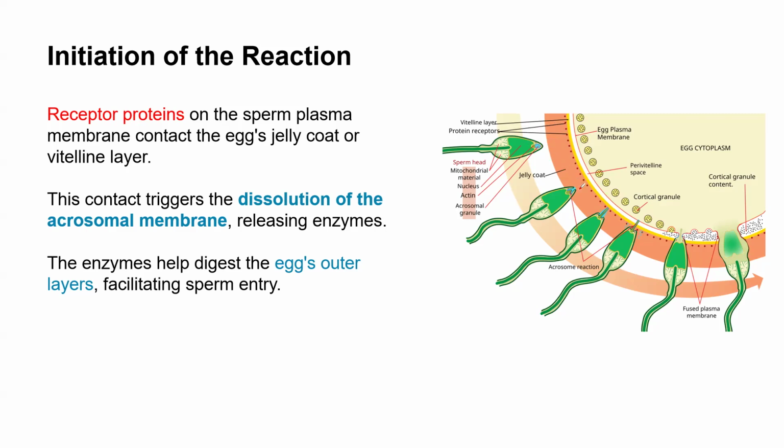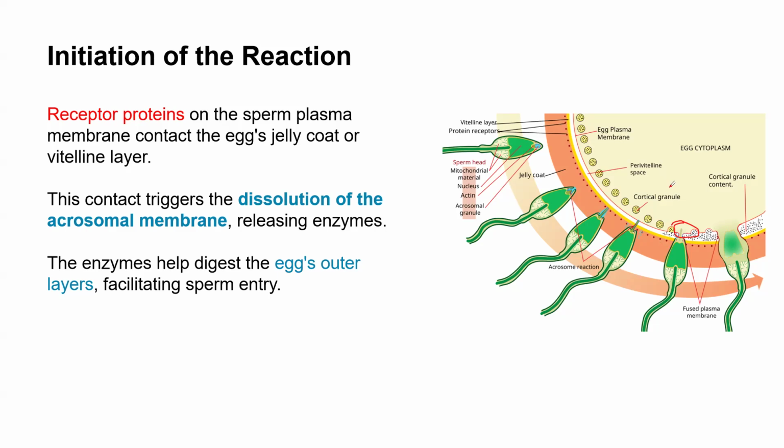And after that happened, look at it here, the acrosome of the sperm cell will now open up to begin to release the enzymes. And these enzymes, hyaluronidase and proteases, digest the egg's outer layer, and then the sperm will now release its nucleus for the fertilization to take place.